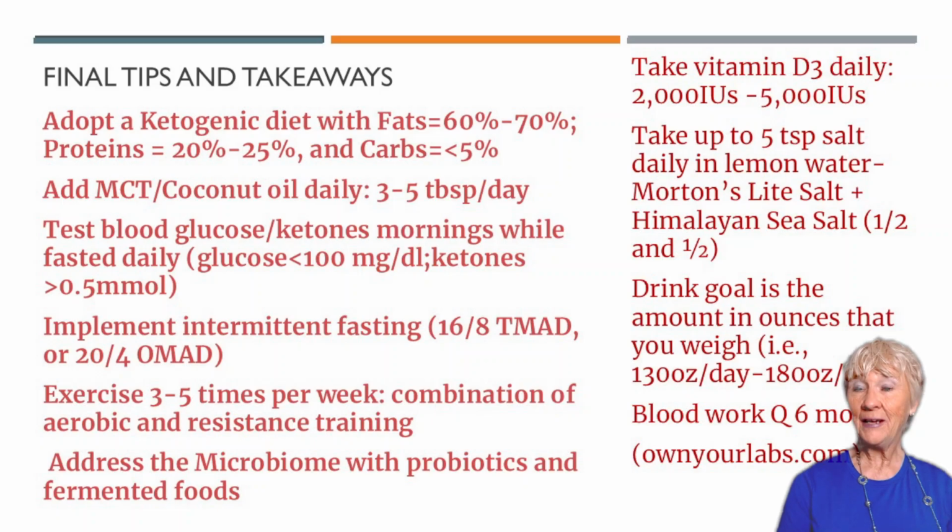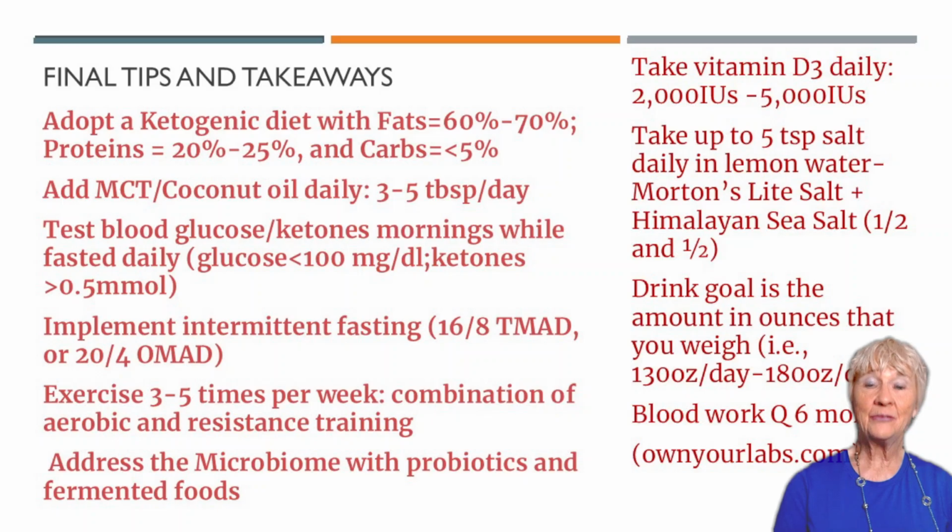What are some other ways that you can improve your HSCRP and your thyroid? Well, you can do an anti-inflammatory diet, and guess what that is? Yes, it is a ketogenic diet with some added MCT and coconut oil.